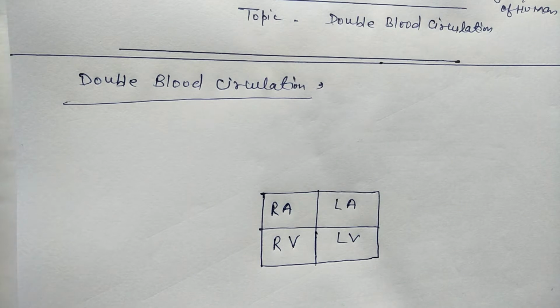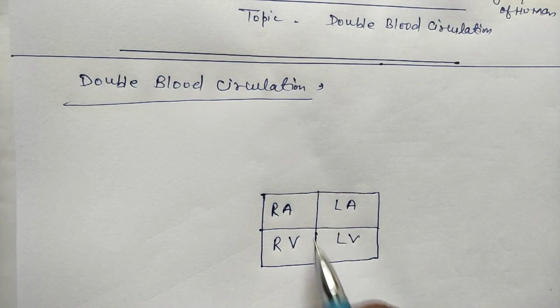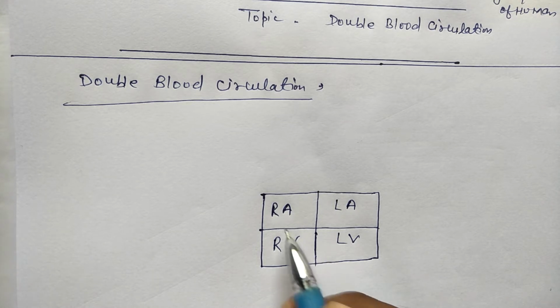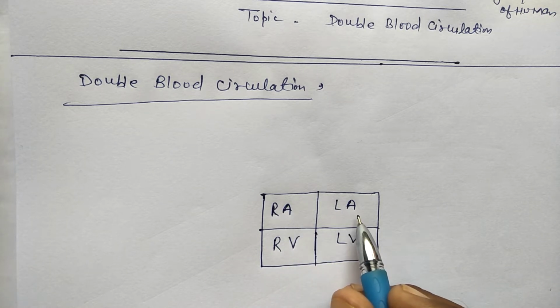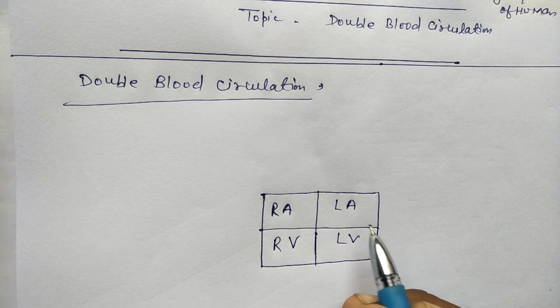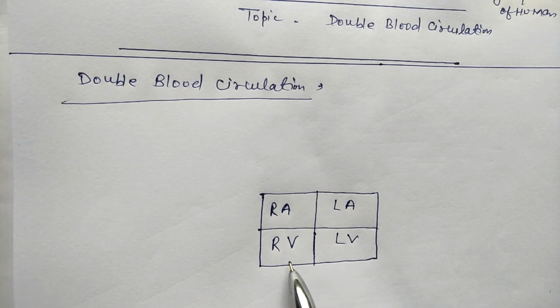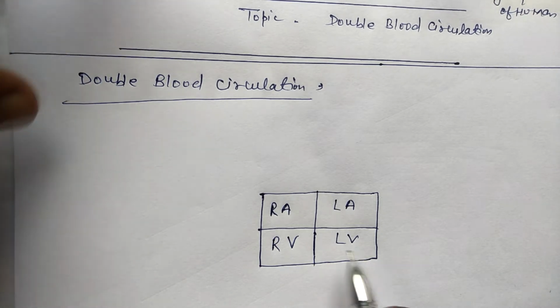So the human heart is complete four chambered: two chambers are auricles and two chambers are ventricles.